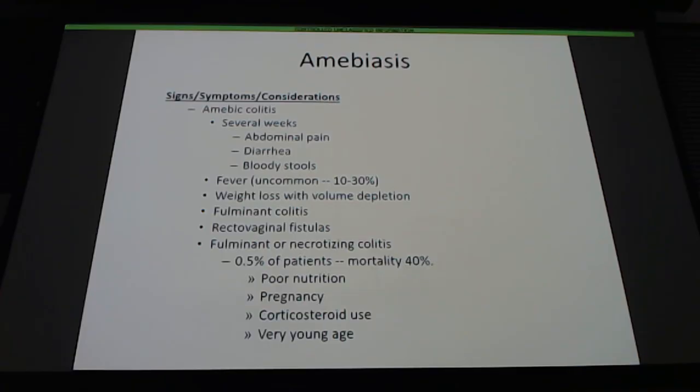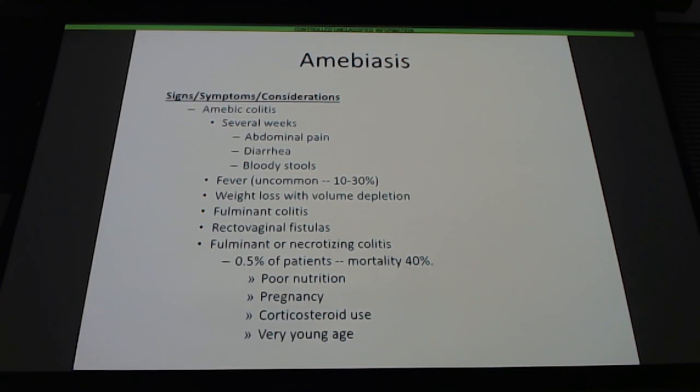So if you look at the bottom here, you have fulminant or necrotizing colitis. If it gets too swollen, too irritated, it may block off some of the blood going to that site. The more common folks to get that are those with poor nutrition, which are the ones in the endemic areas, right?